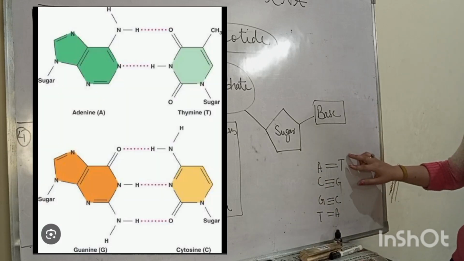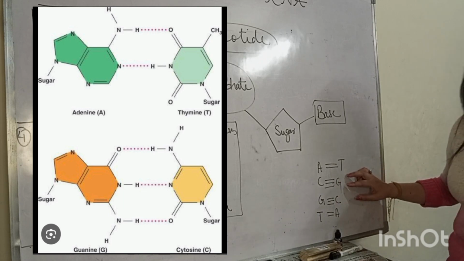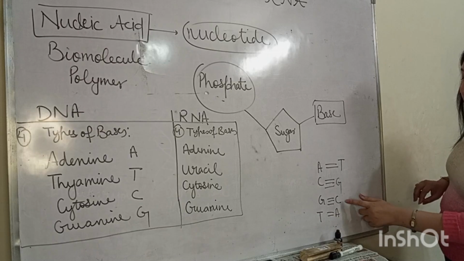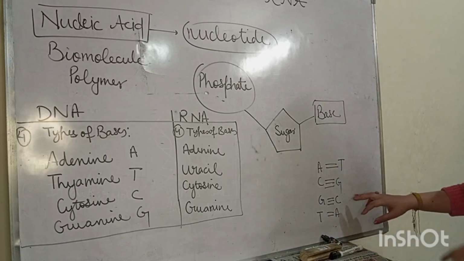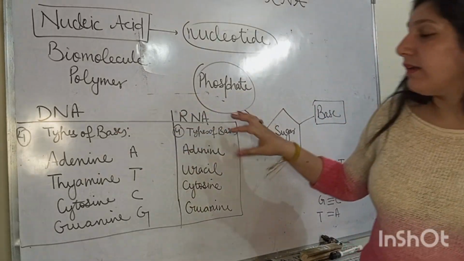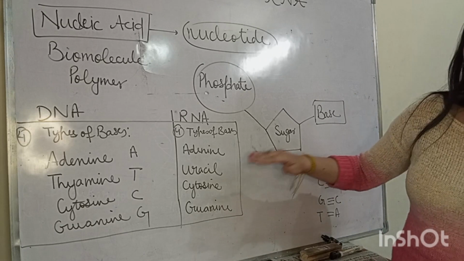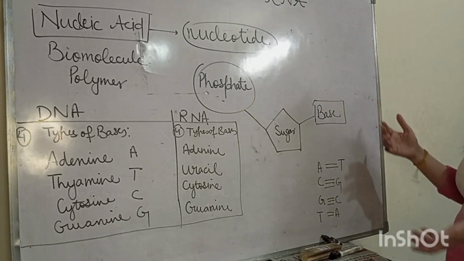Adenine always forms a double bond with thymine, and cytosine gets bonded to guanine with a triple bond. Similarly, guanine will form a triple bond with cytosine and thymine will form a double bond with adenine. The only difference between DNA and RNA is that of thymine. Instead of thymine, there is a uracil base. Clear? Now, moving on to next.